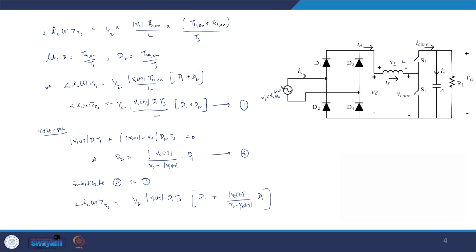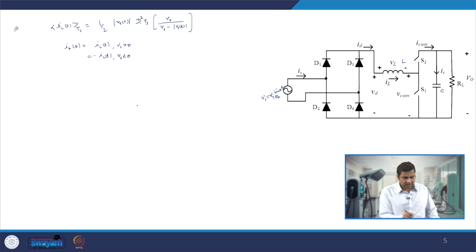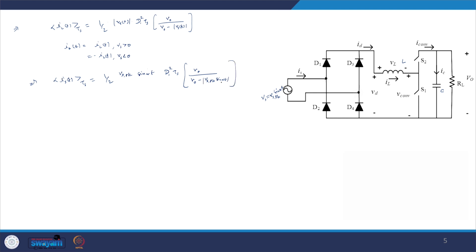So for Is, the average variation during the Ts duration is half multiplied by Vs peak sin omega t, D1 square Ts, V0 by V0 minus Vs peak sin omega t, the modulus. Sorry, I have missed the modulus sign here.